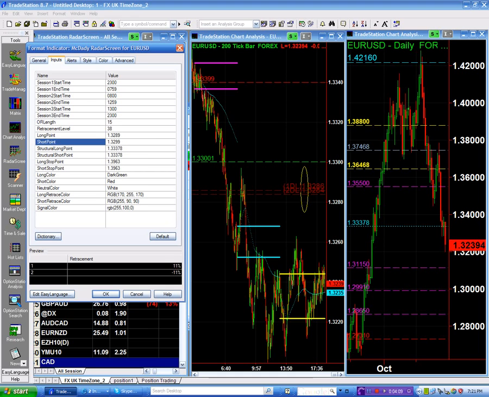I'm putting it on the value as 132.99, and if I take it short below 132.99, my stop is going to be 132. My short stop is going to be, I'm going to put it above the market side, so 132.40.